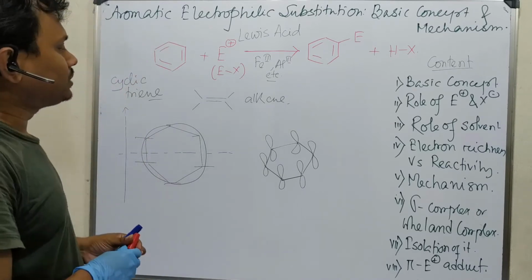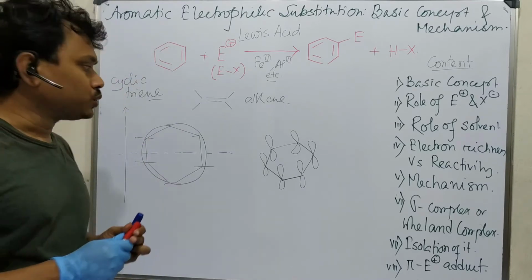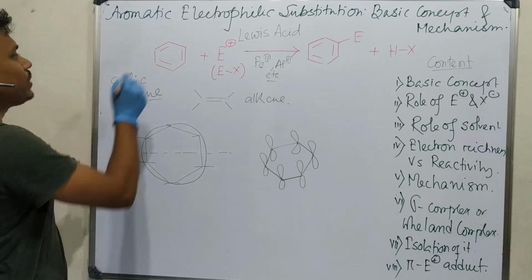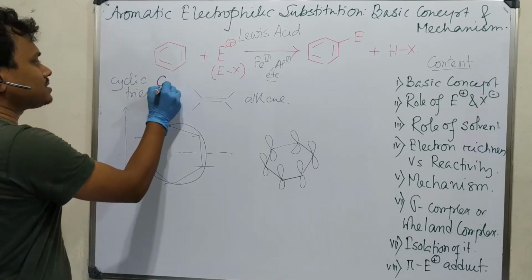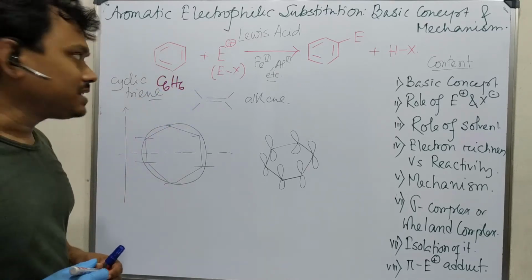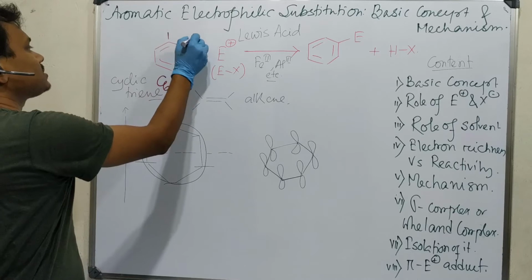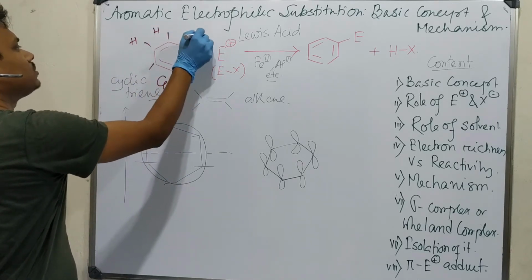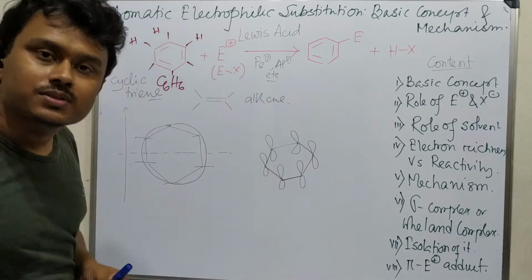Before going to that, you should have an idea of how benzene looks. Benzene's formula is C6H6, meaning 6 carbons and 6 hydrogens. I am not showing every one, but you may think of it as 6 hydrogens.